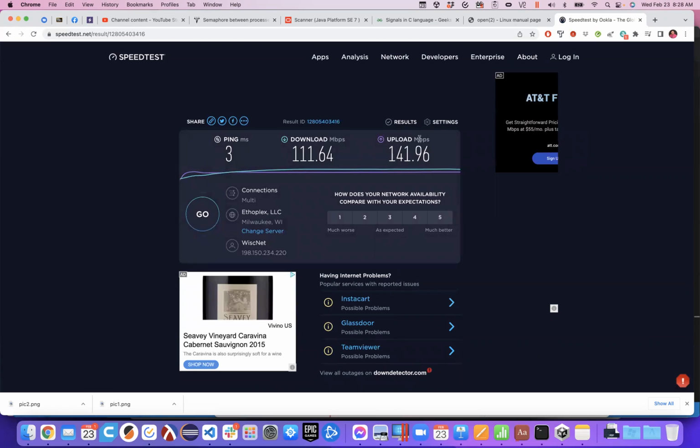Also notice the upload speed here. We talked about synchronous internet connections versus asynchronous, where most consumer-based internet has a faster download speed than an upload speed. Well, don't worry about whether this is faster or not. It's pretty clear here that our upload speed isn't pointedly slower than our download speed.